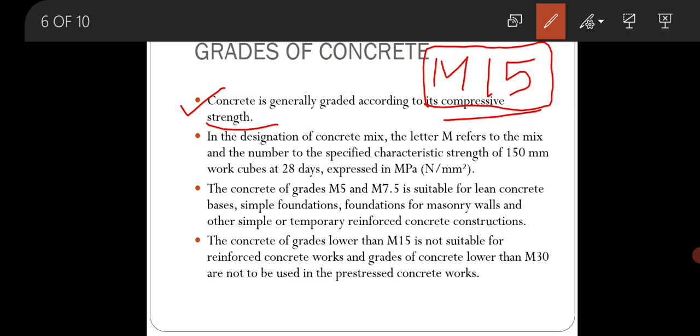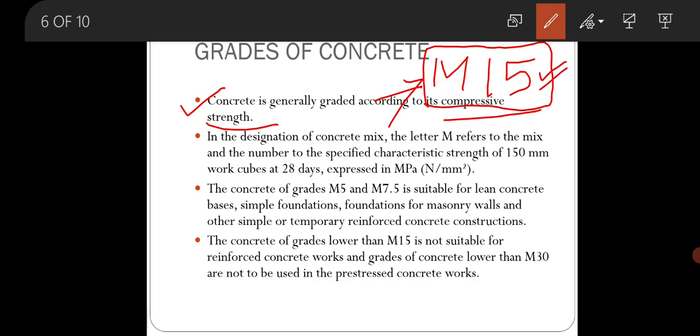In this, M refers to the mix, and mix refers to the proportion, whether it is 1:2:4 or 1:3:6 or 1:4:8 like this.